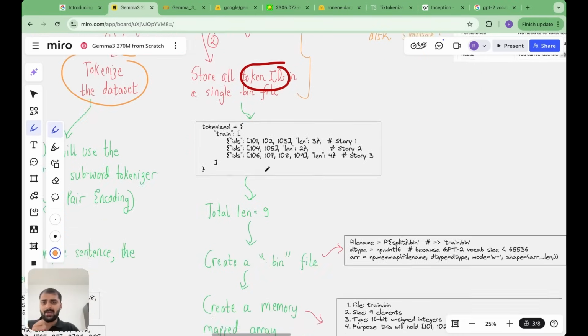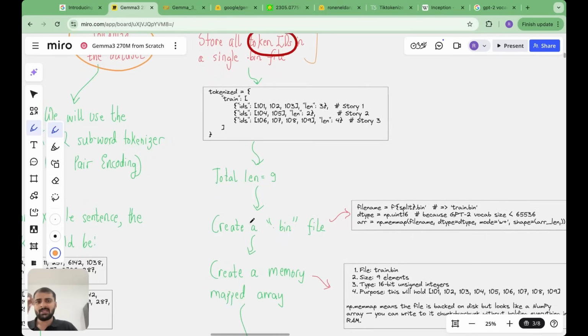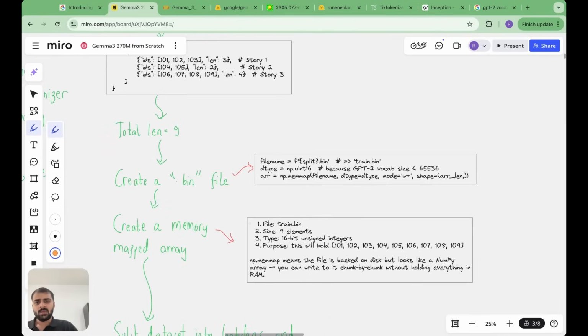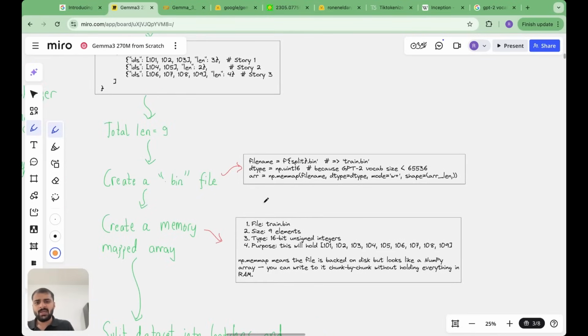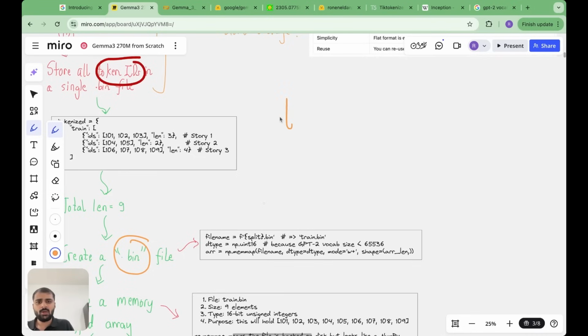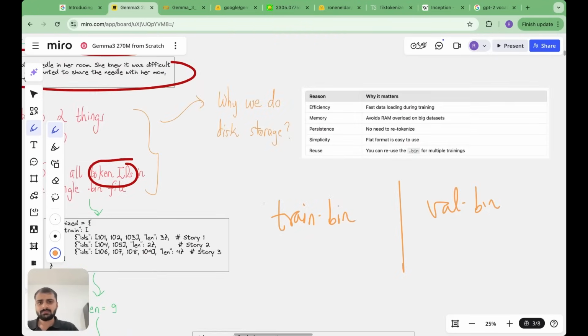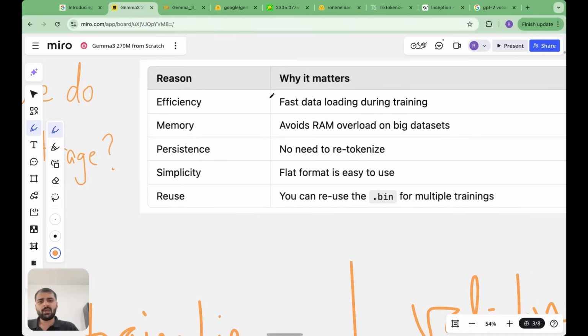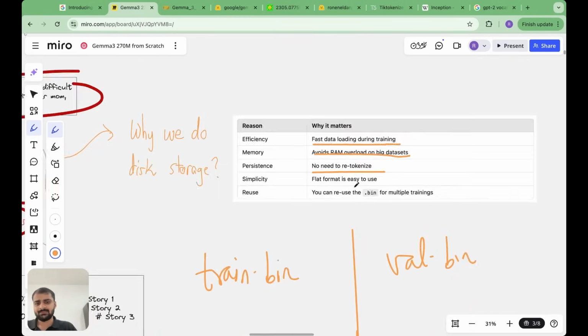I am going to store all my token IDs on disk rather than saving it in my memory. So the way to do it is that we are going to create a train.bin file and a validation.bin file, and we are going to save these files on disk. The reason is that it leads to fast data loading during training, no need to retokenize, and avoids RAM overload on big data sets.